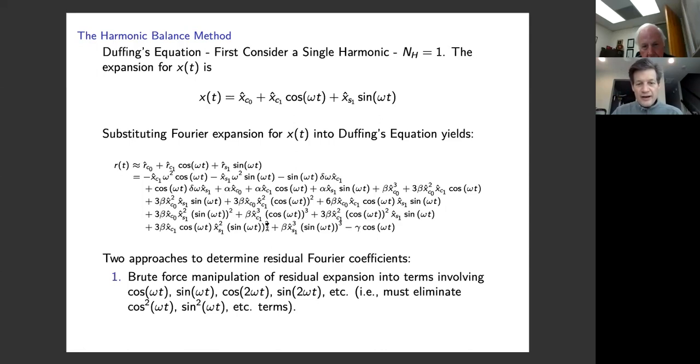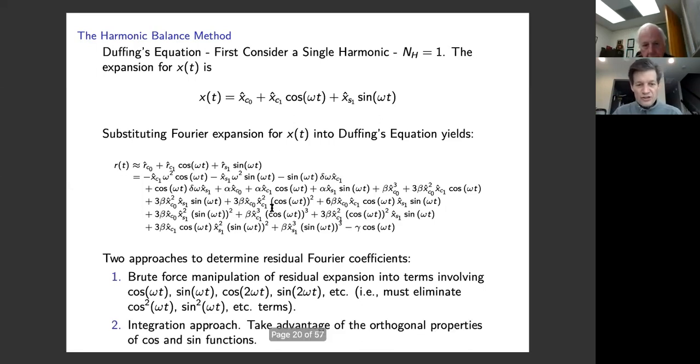coefficients. You can just do a brute force approach, where you go through and manipulate all those squared and cubic terms of the cosine and sine functions. Or you can do an integration approach, which I'll show on the Python spreadsheet, and you basically take advantage of the orthogonal properties of the sine and cosine functions.